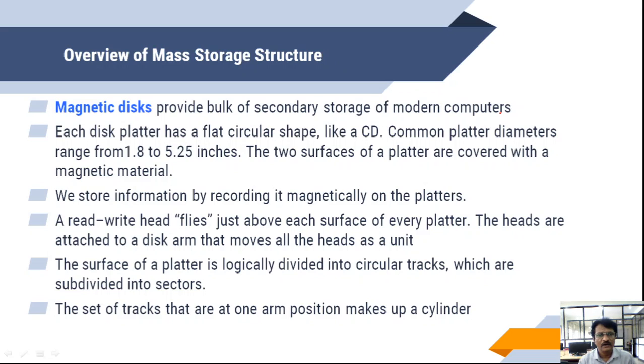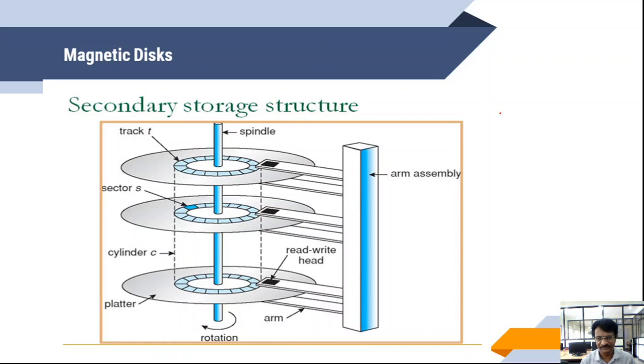So a typical hard disk internally looks something like this. I'll explain what this is. You can see here an arm which holds the read and write heads, and there is a spindle which carries the disks, and all these are packed in a hard disk.